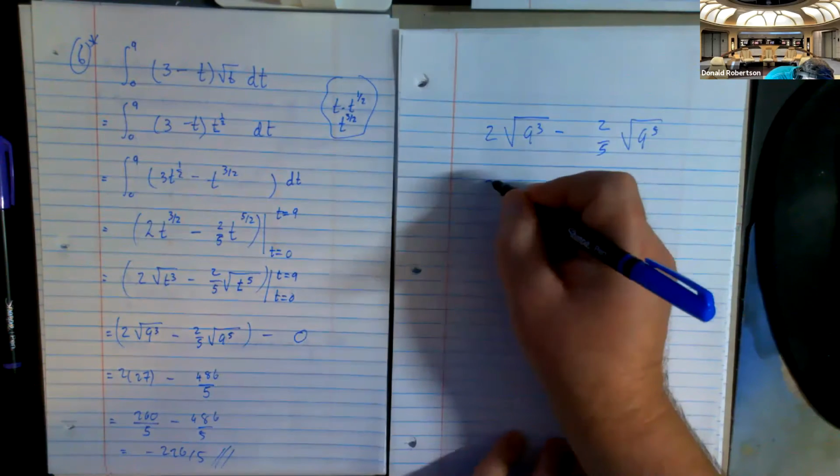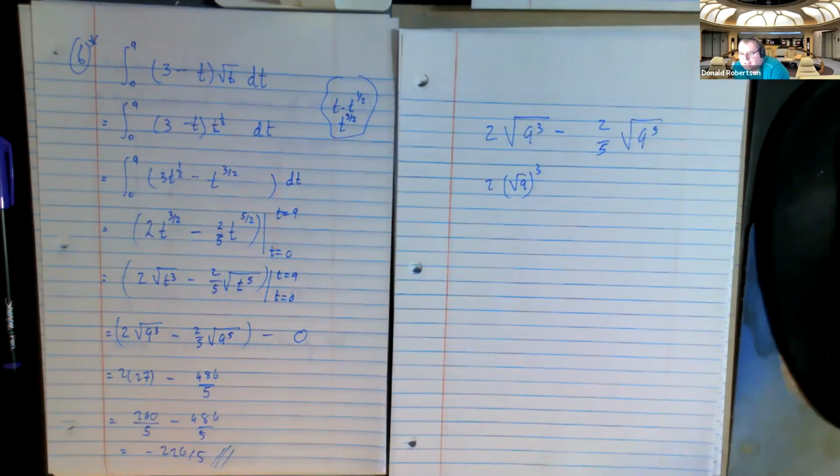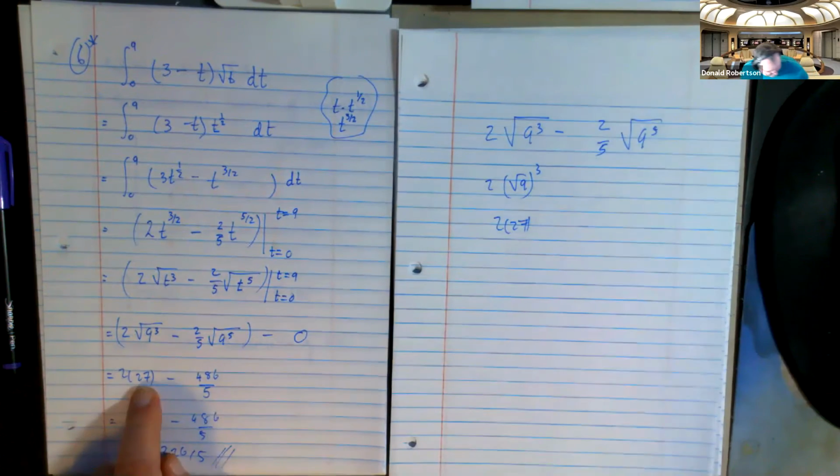Or I can do this. Isn't the square root of 9 cubed the same thing as the square root of 9, cubed? In other words, switch the order you do the thing. Now, the square root of 9 I can do in my head. Isn't that 3? And 3 cubed is 27. So that's where that 27 came from.